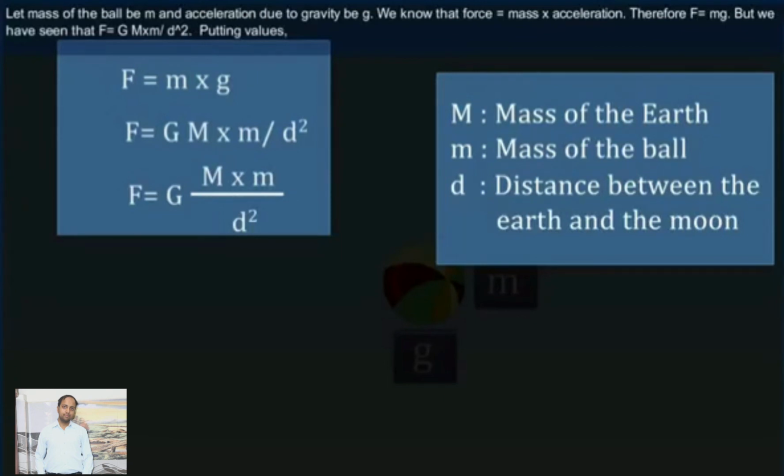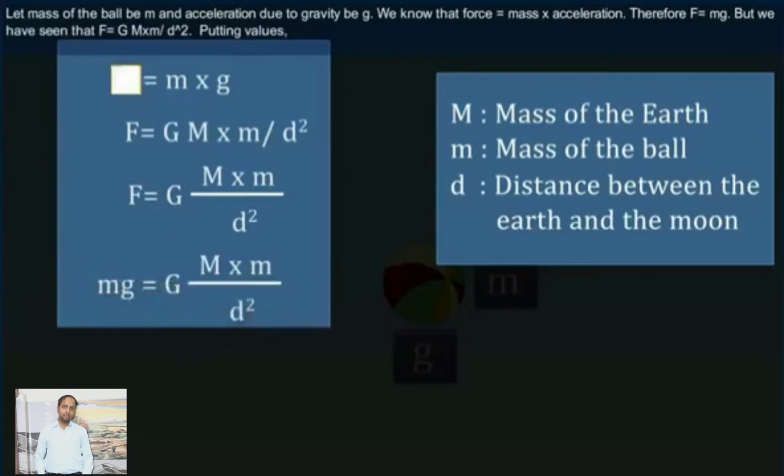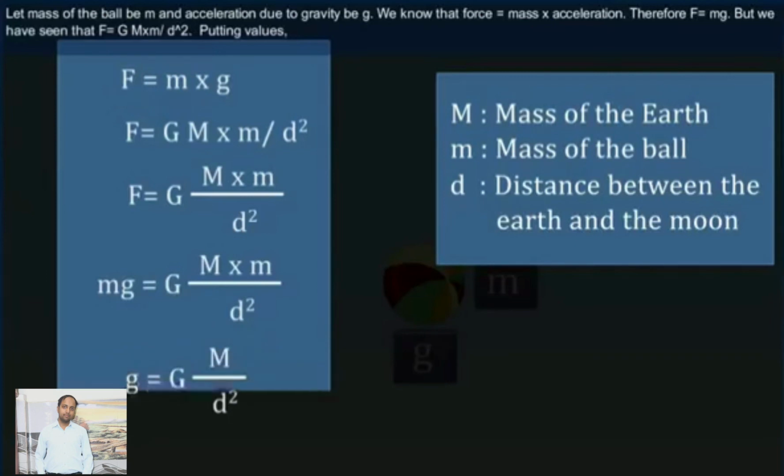Put the value of F equal to mg. We get mg is equal to G multiplied by capital M into m upon d square. Cancel small m on both sides. Therefore, acceleration due to gravity will be g is equal to capital G multiplied by capital M upon d square.